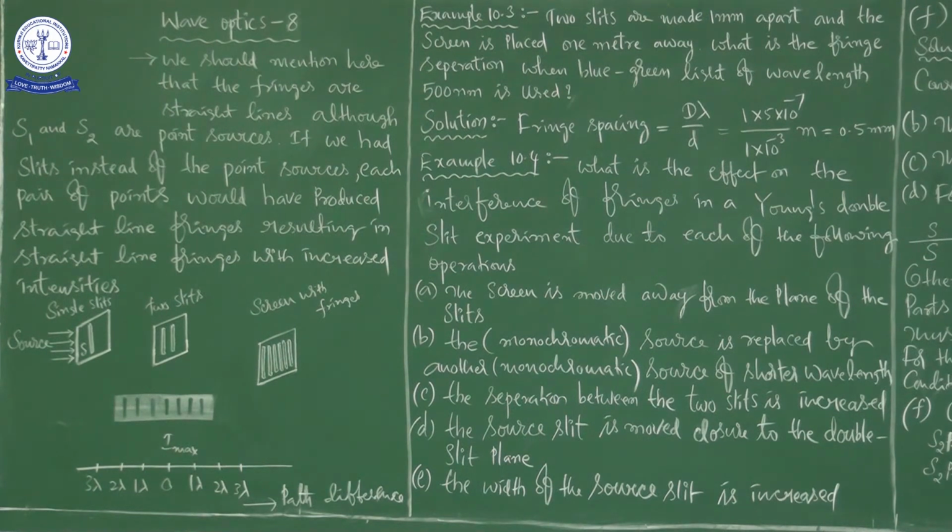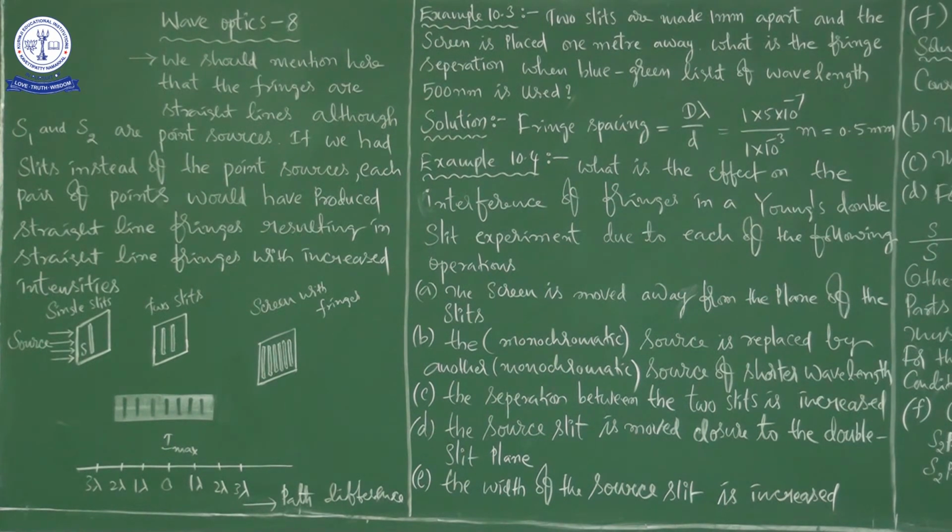See here, first you try to understand the problem. What is the effect on the interference fringes in a Young's double slit experiment due to each of the following operations? The first operation is that the screen is moved away from the plane of the slits.